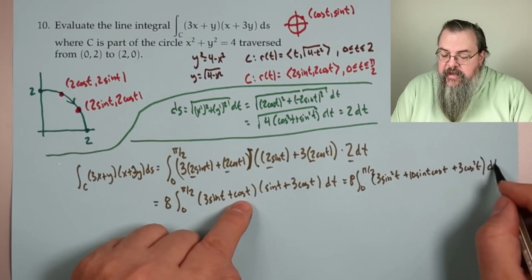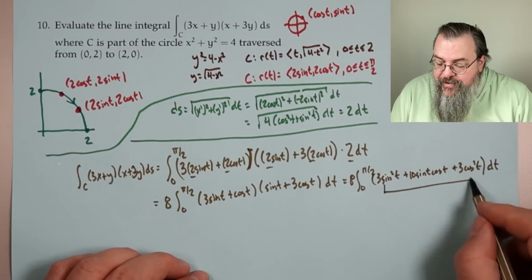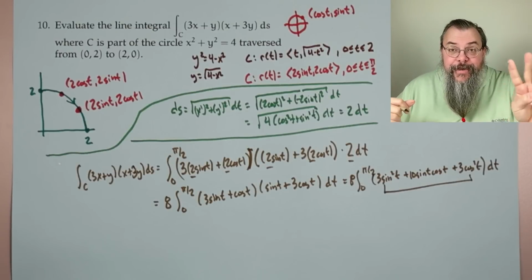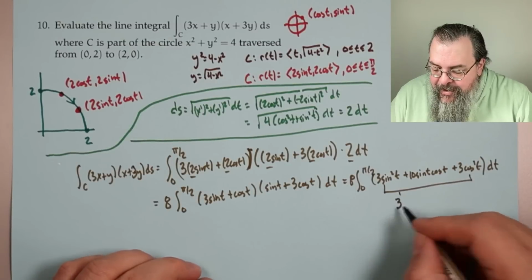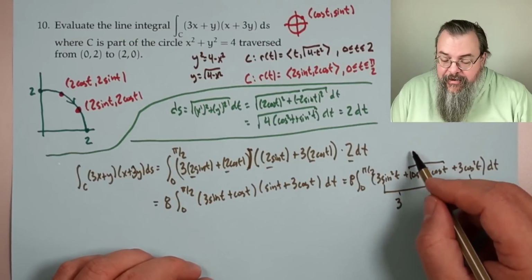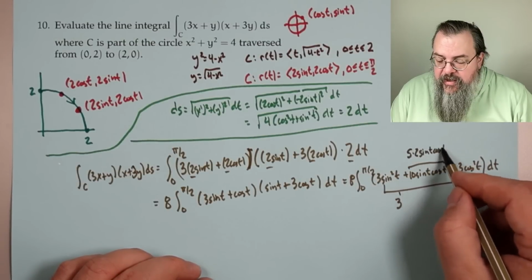Okay, now our big aha. 3 sine squared plus 3 cosine squared gives us 3, right? Yes, yes. So that's 3. Now 10 sine t cosine t, this is the same as 5 times 2 sine t cosine t.